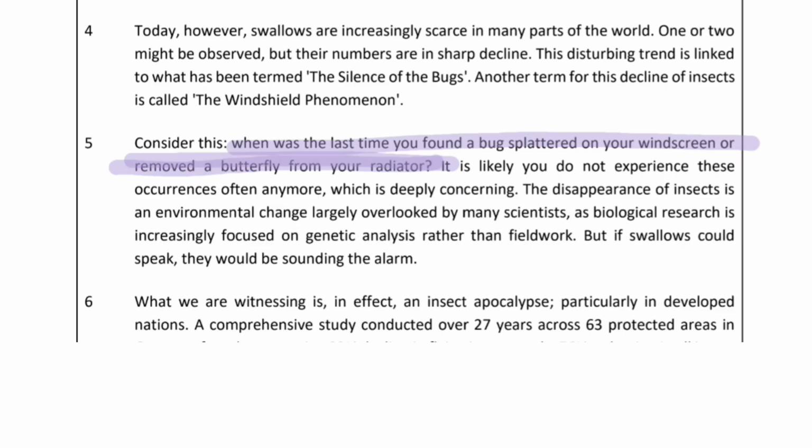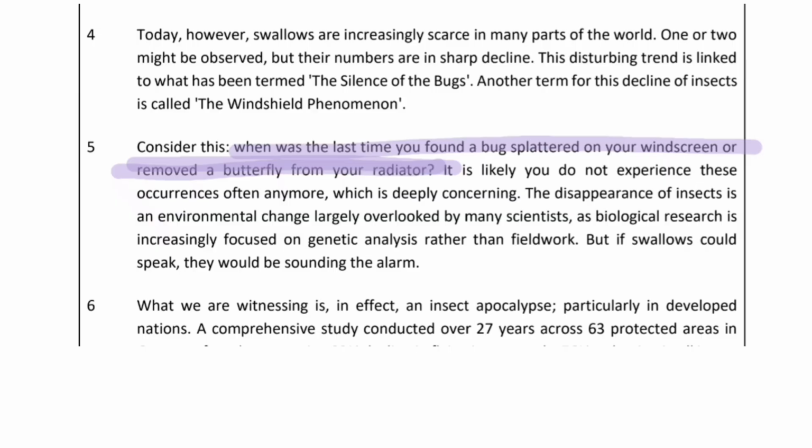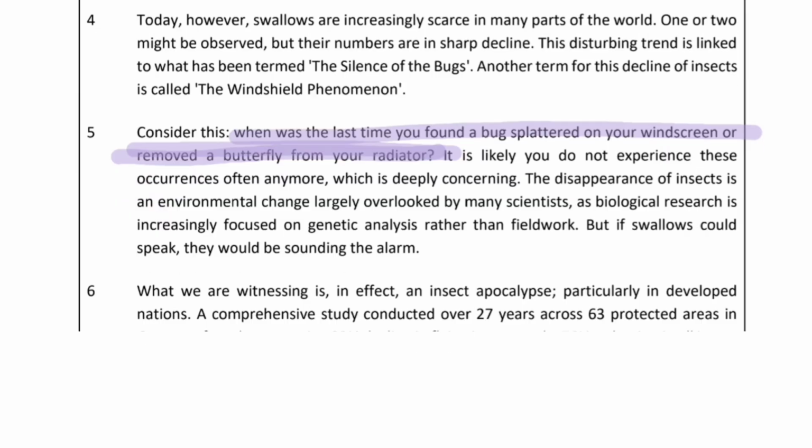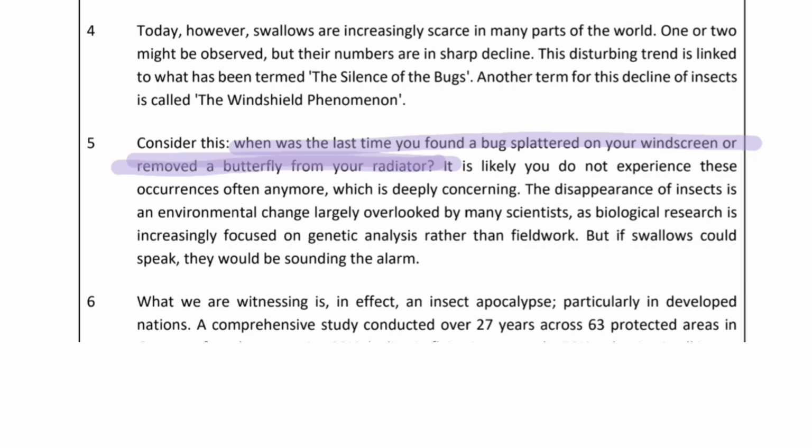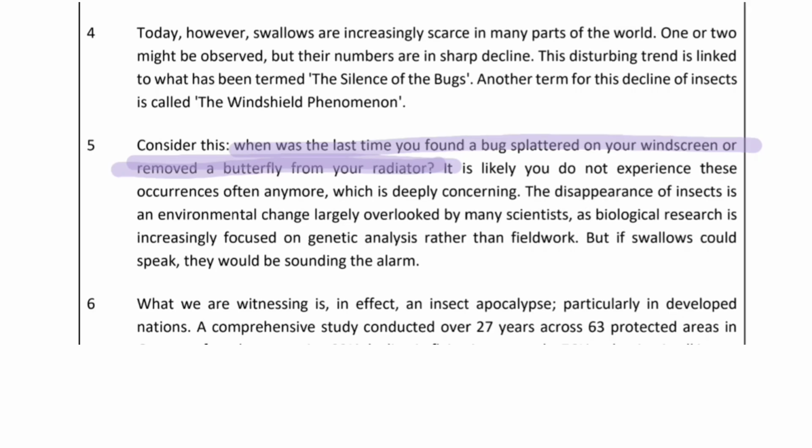If you read paragraph 5, you will note that the author is frustrated with the disappearance of insects and how that is overlooked by a lot of scientists. You must tell the marker how the rhetorical question supports the frustration. The rhetorical question is asking, when was the last time you saw an insect on your windscreen? It's prompting you to think that, oh man, it is true.